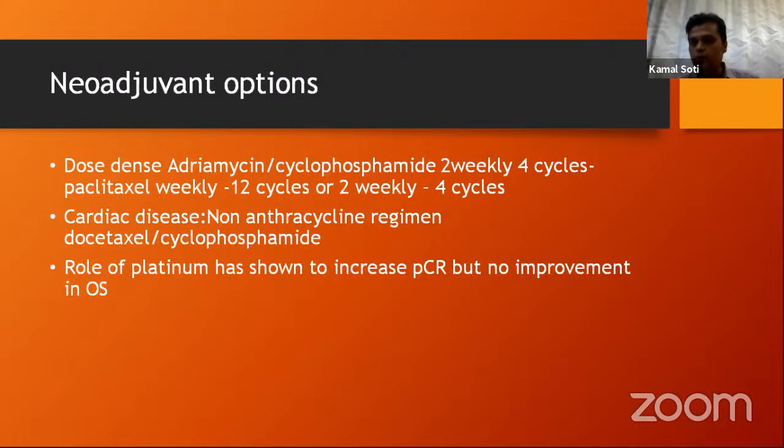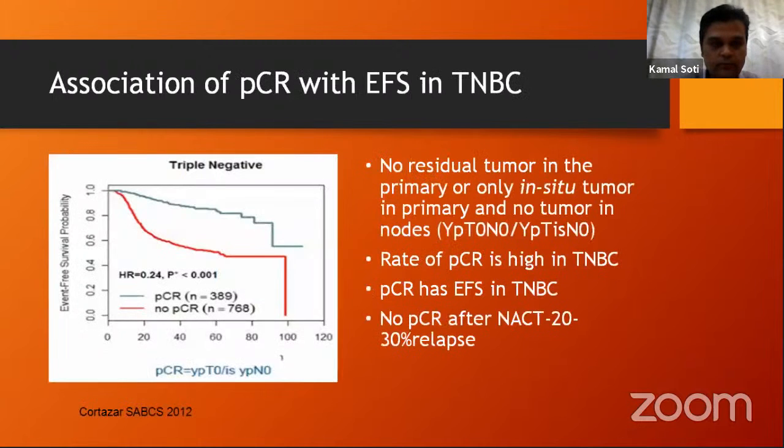But in the long run, there is no overall survival benefit even on adding this third agent to the chemotherapy list. So in view of the toxicity profile of platinum, it is advisable to stick to the anthracycline and taxane backbone, not to add platinum to it.